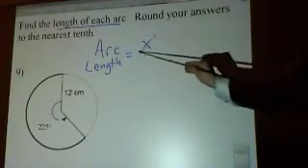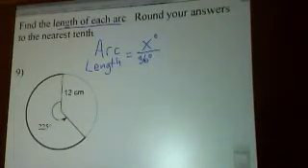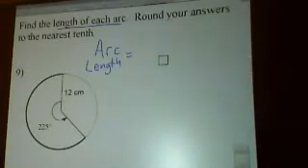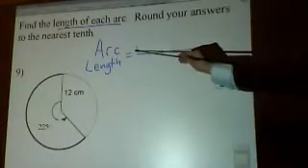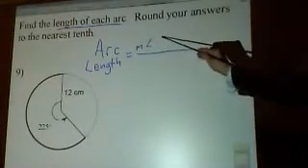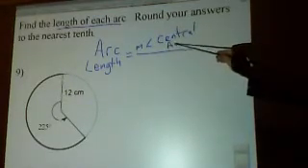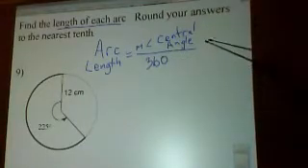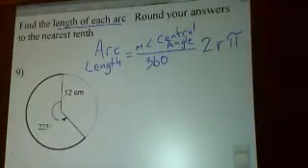We've got x degrees over 360 times 2r pi, where x is the measure of our central angle.